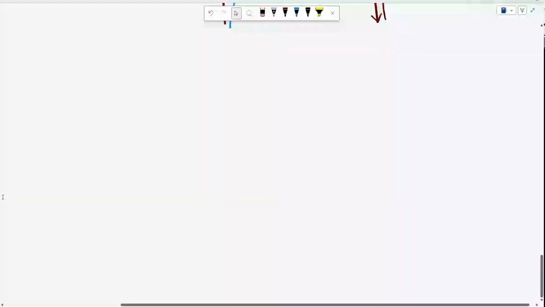Now if we keep a positive charge and a negative charge, what will be the strength of electric field? This is plus q and this is minus q. How to plot the graph of E versus X in this case? Let us draw it again, that x-axis direction.